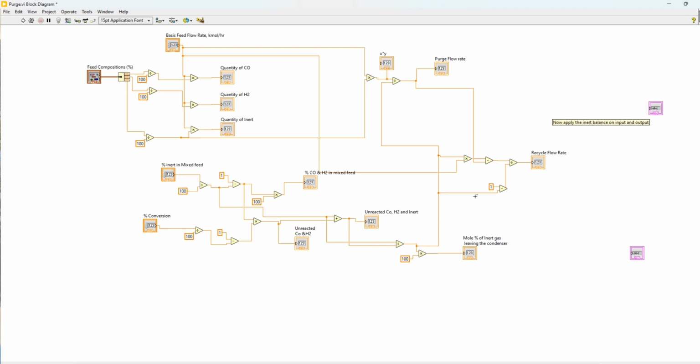No, no, we have to unreacted CO, H2 and inerts, this one, okay. So we have to multiply here, not with this one.